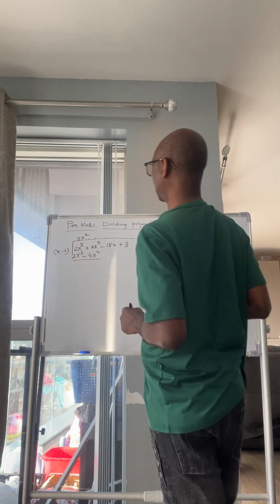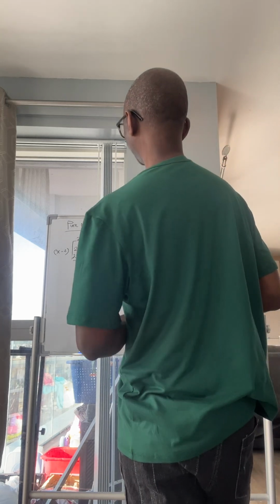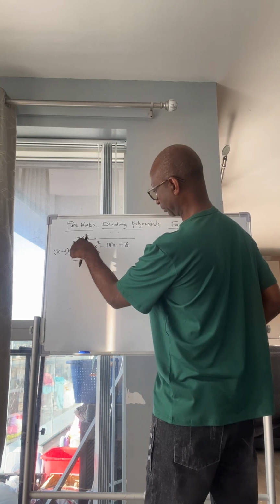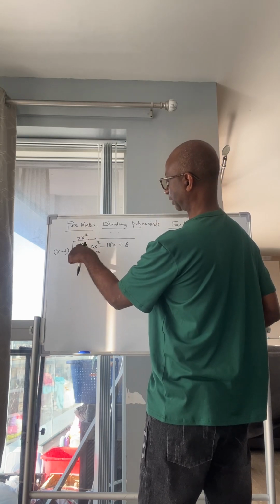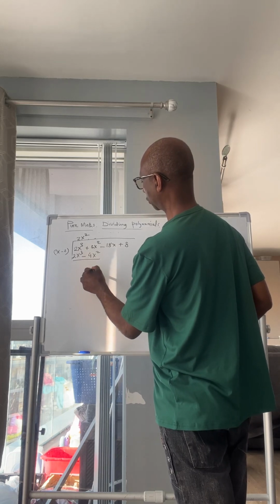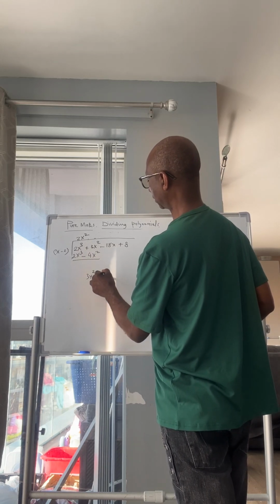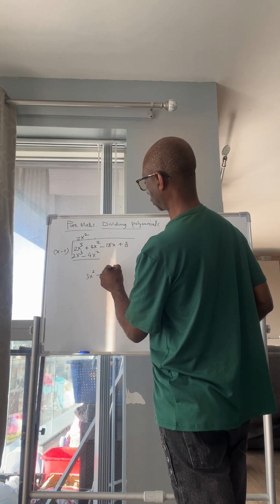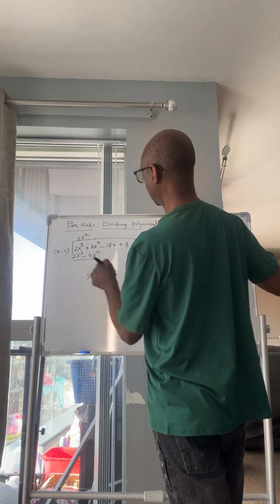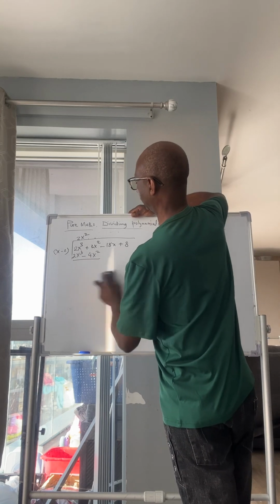So this is where the mistake took place. So this will cancel this. You are having here 2x cubed minus 2x cubed, 0. But here you're having 3x squared minus minus 4x squared. So what do you have here? You have 3x squared plus 4x squared. So you're getting 7x squared here.